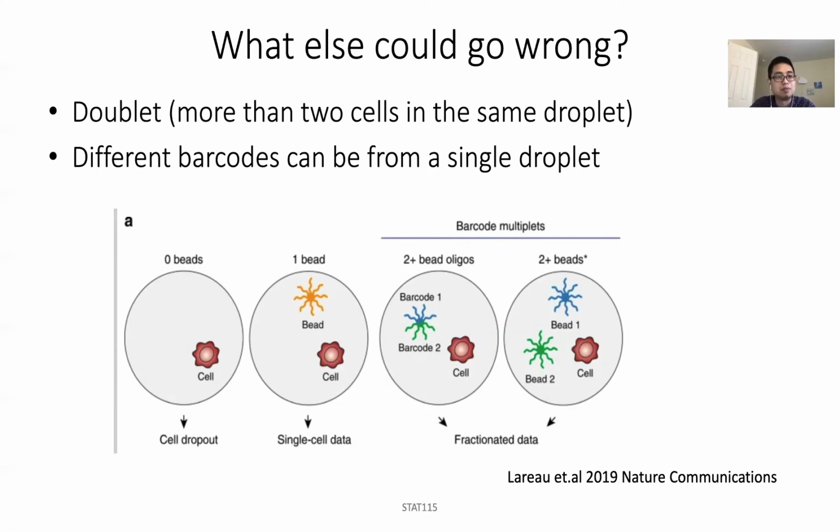For example, MERFISH, developed at Harvard in Xiaowei Zhuang's lab, and my previous advisor, Catherine Dulac, also worked with them using this method to profile the mouse brain to classify the cell types in the mouse brain. What makes this technology cool is that not only do you get the gene expression level, you also get the spatial information of those cells. And we know the spatial information of each cell can play an important role as well.